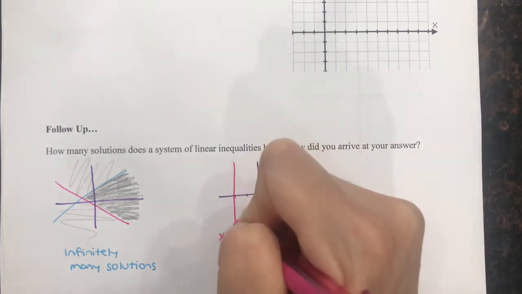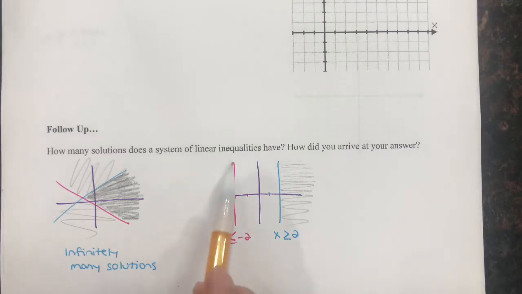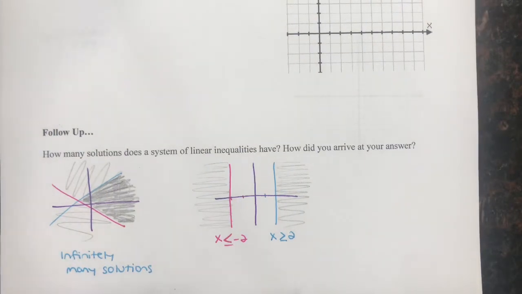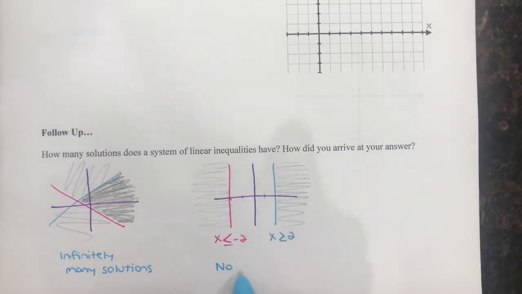It would look something like this. If we're looking to see how many points overlap between these, there aren't any. This would be a situation of no solution. It's not often that you see situations like this where shading is in total opposite directions, but if you do have something like that, there are no overlapping points, so it's no solution.